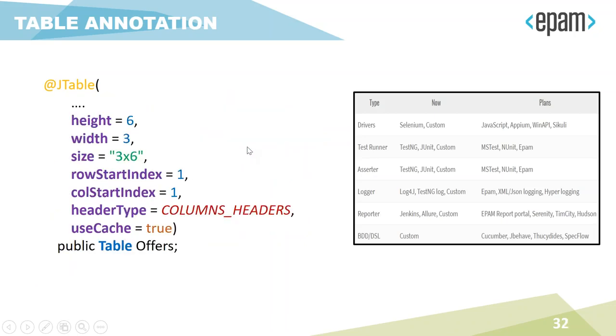Also, you can specify some parameters like height or width, so the sizes of this table, or types for this table. You don't need to do all this, but the more things you specify beforehand, the faster JDI will operate with tables, and it won't need to extract this data from the web page.